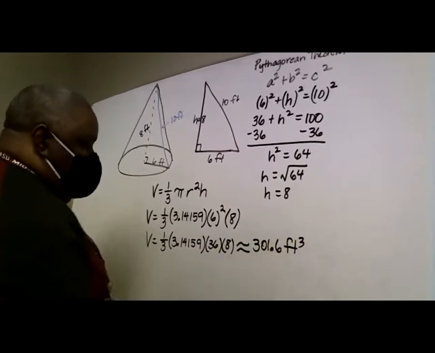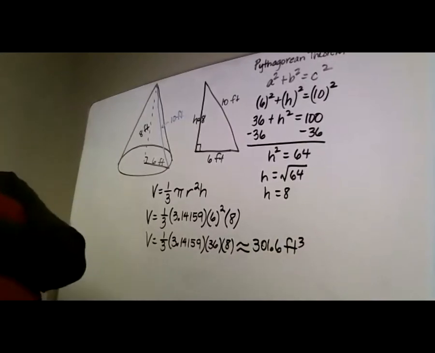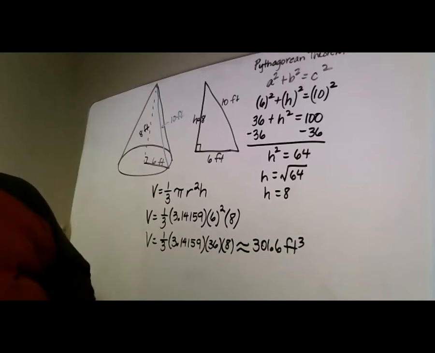And it's going to be in cubic feet. Remember, volume is always going to be in cubic feet. So that represents the volume of that cone. Any questions on this?